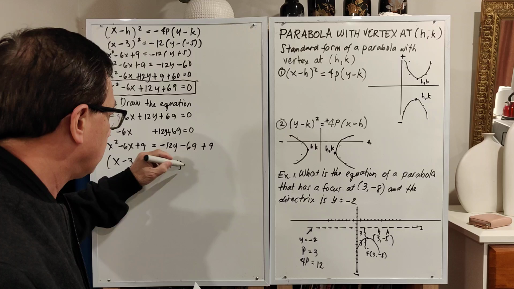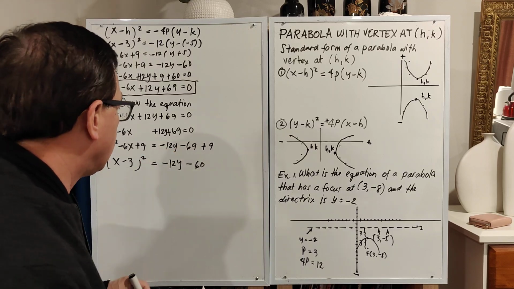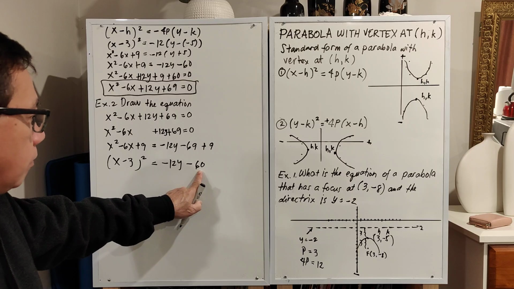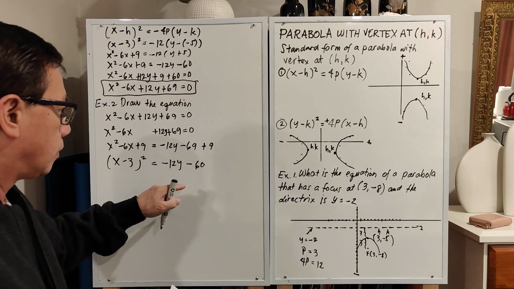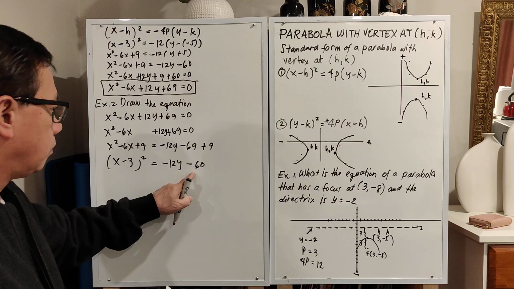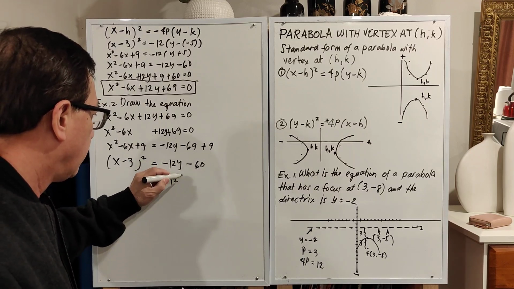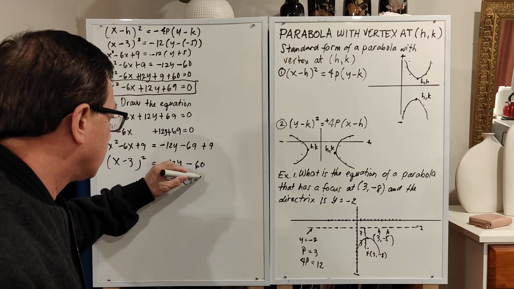If we add this, minus 60. And then it has a common factor of 12. So we have to factor out the 12 and the negative number. This one becomes negative 12, this one becomes y minus 5.